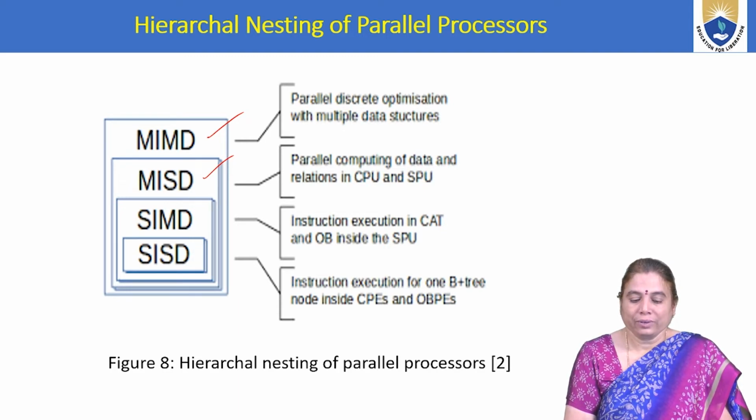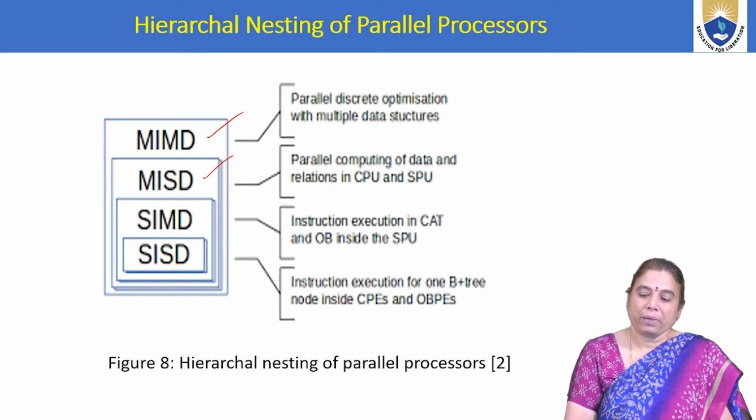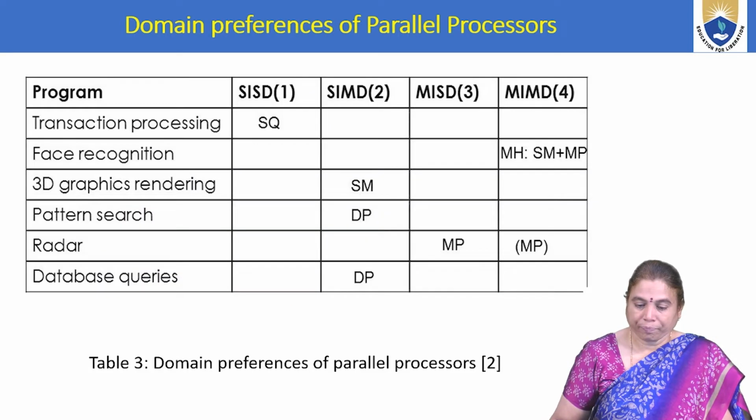Next architecture is SISD. Instruction execution can use B plus trees so that the storage of data can be effectively managed, and dynamic allocation and retrieval of data streams can be possible with multiple operational buffers. So these are the hierarchical nesting of the parallel processors.